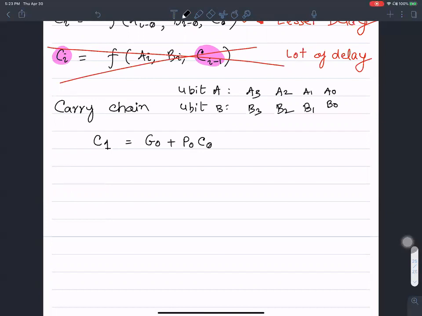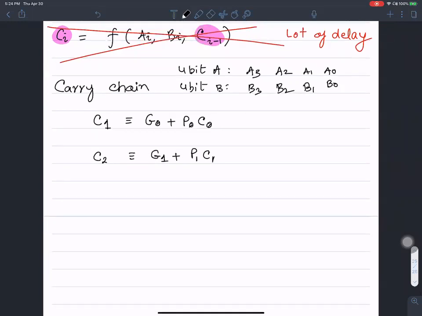C0 is the input carry. We know by definition C1 is G0 plus P0 times C0. That's the definition of carry. If you want to calculate C2, C2 is defined to be G1 plus P1 times C1.